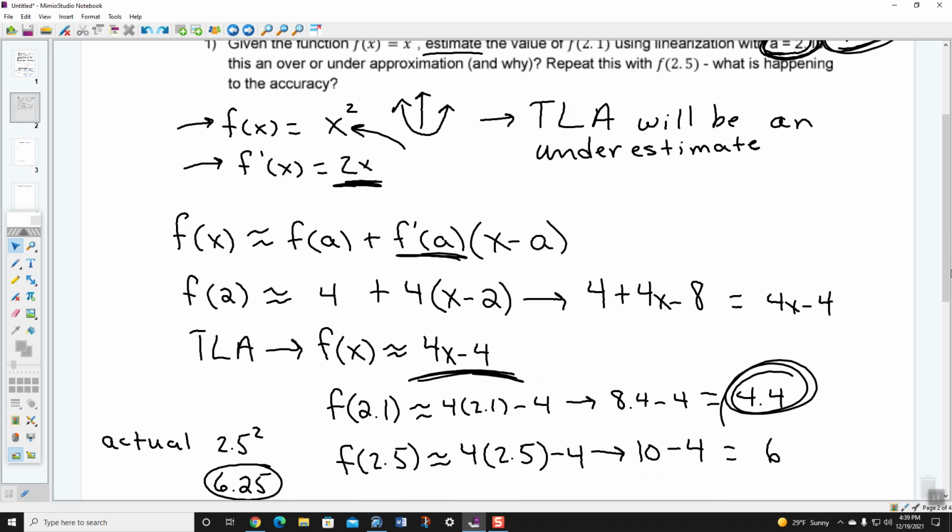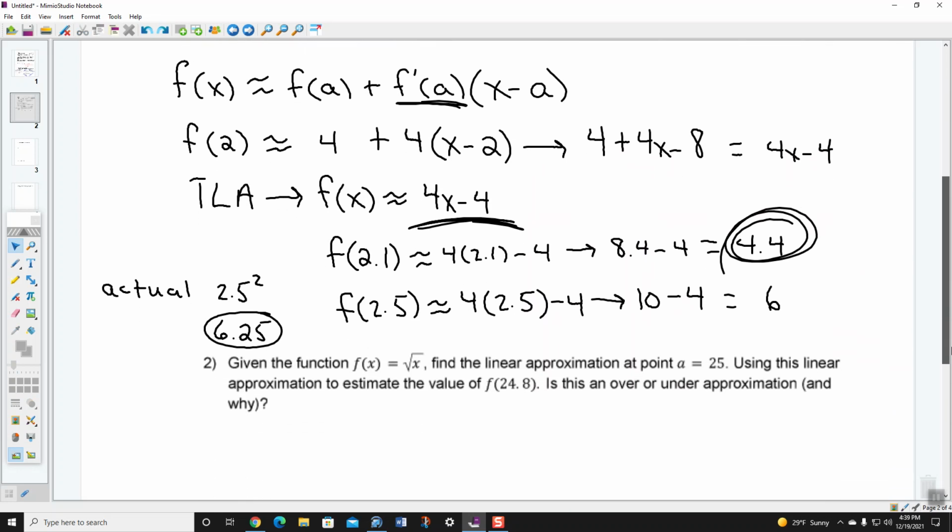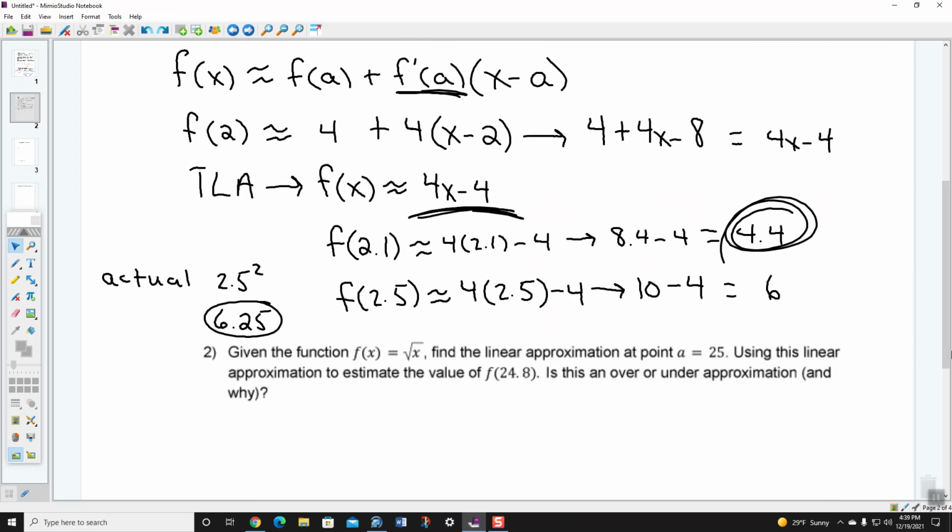Technical difficulties, never fails. Okay, I would just say, as you get further away from A, I'm going to squeeze it down in here, kids. As we get further away from A, that A value that was given, approximations, or estimates, are less accurate.